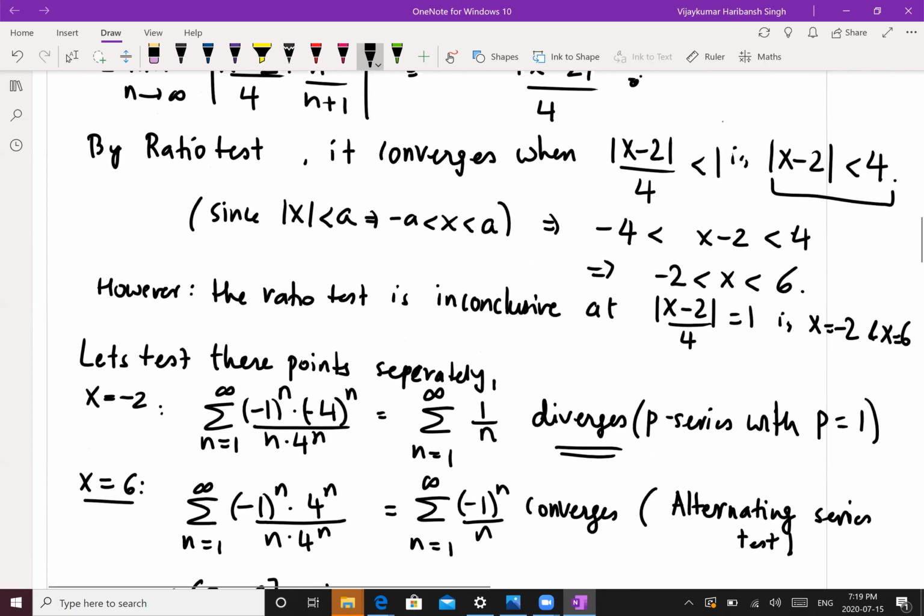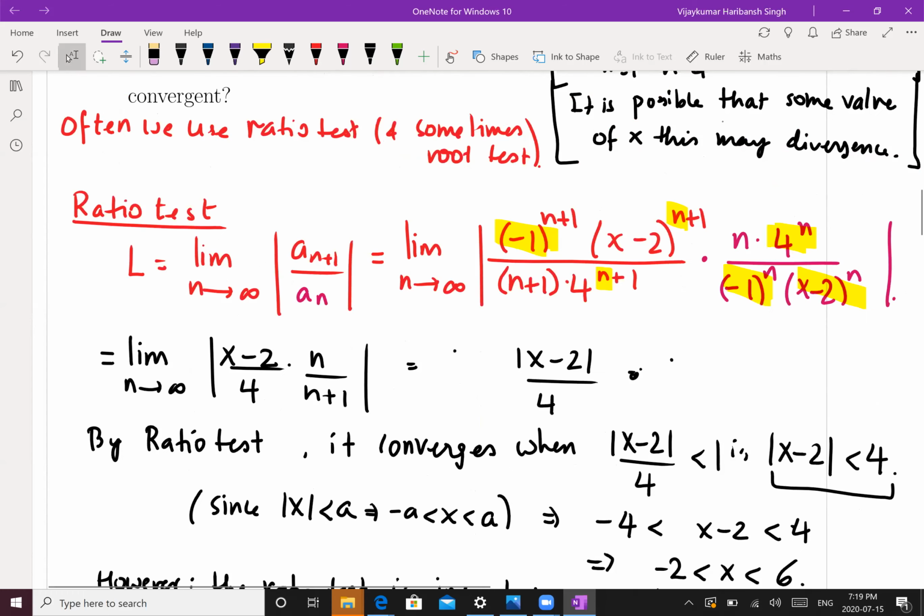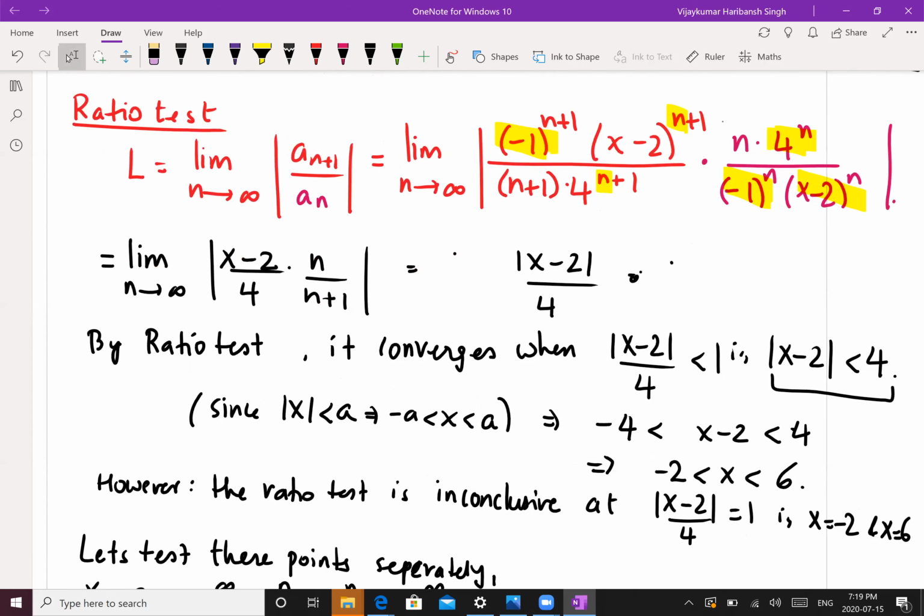Because here already you have that if this is less than 1, we have the convergence. And if this is greater than 1, let me write that part too, although it's clear. If this is greater than 1, then the series diverges.